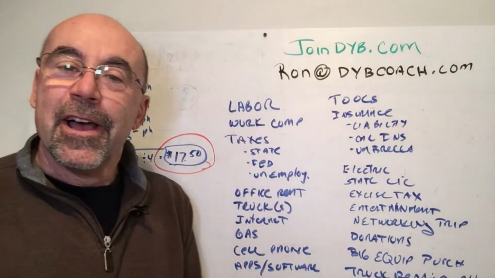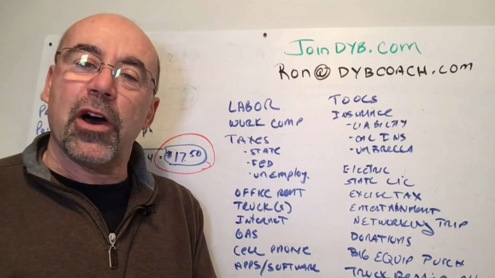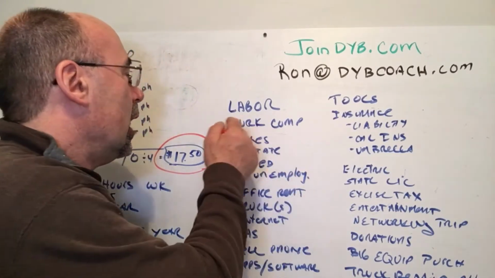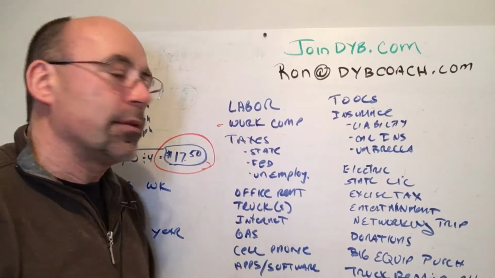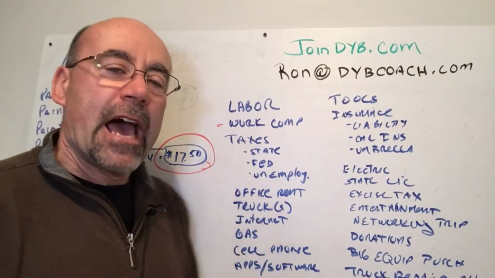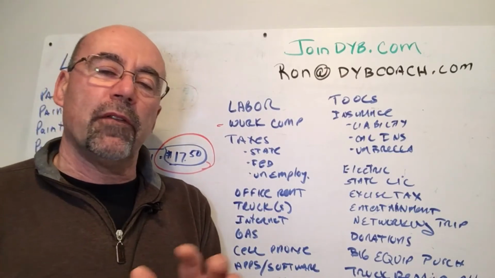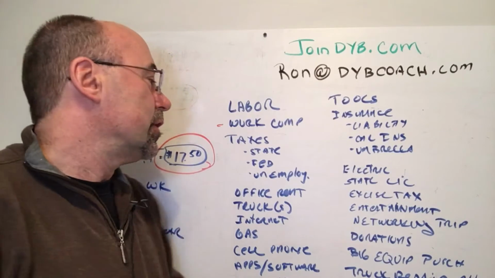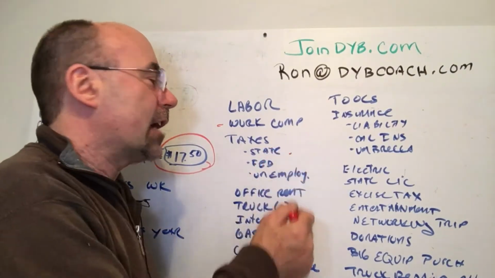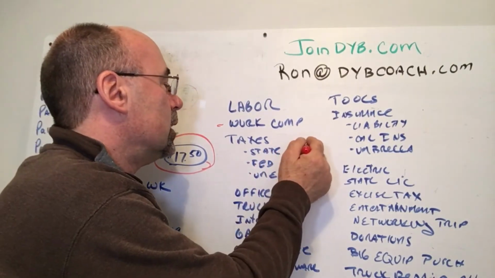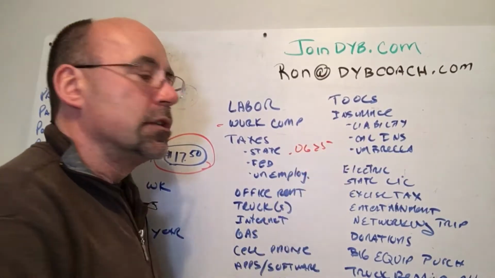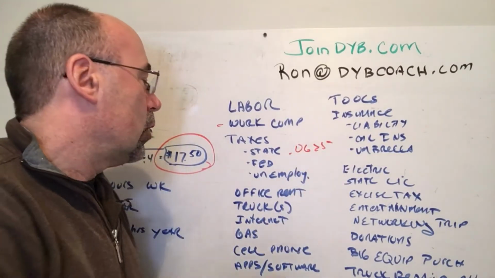I just paid this bill. Well, actually, it's automatically deducted. I pay weekly, but I saw that on my email that came through as workman's comp. Then we have taxes. This is where it's going to differ for every single state. Massachusetts, our state tax is 0.625. Of course, then we have federal.